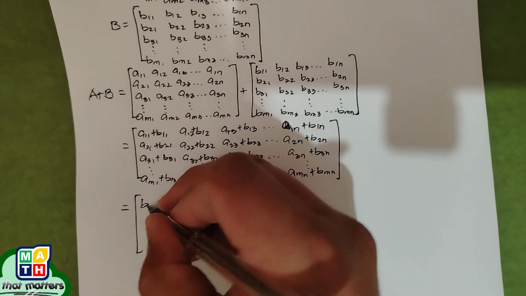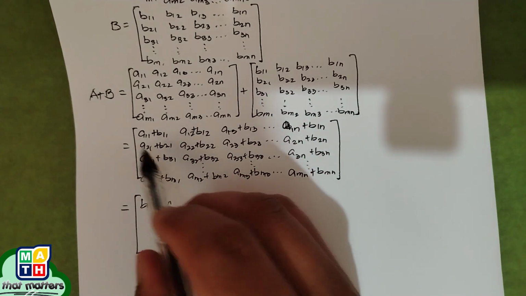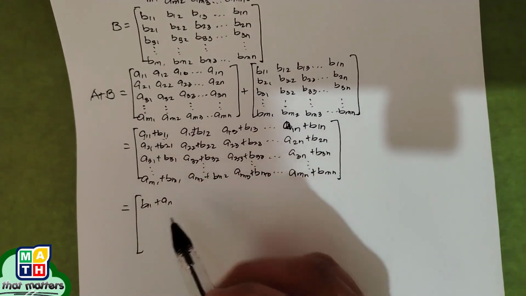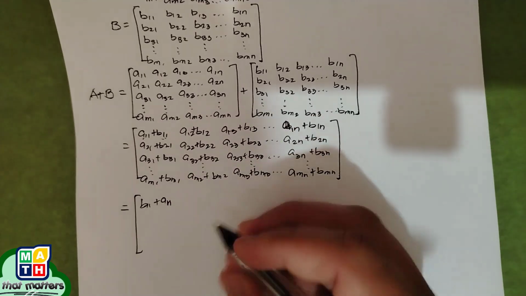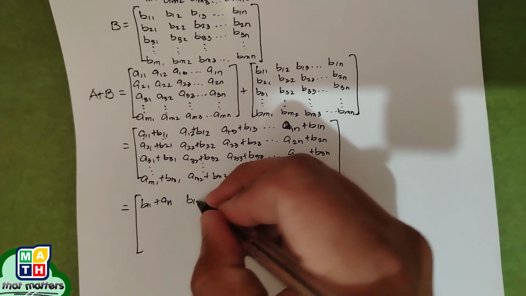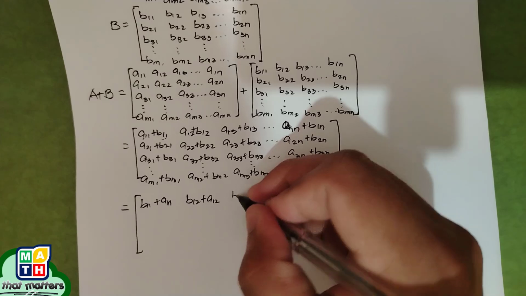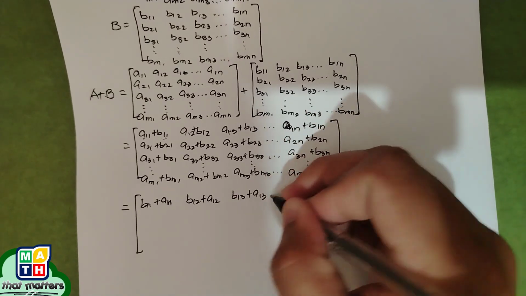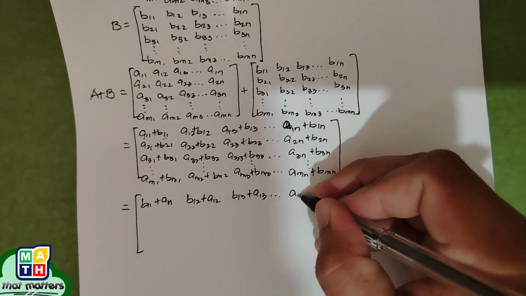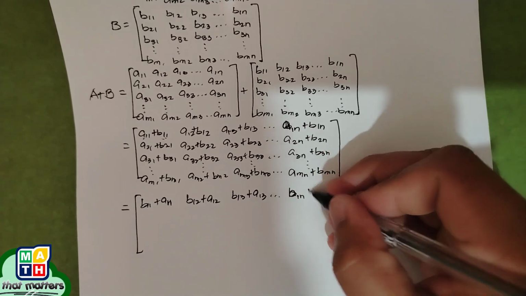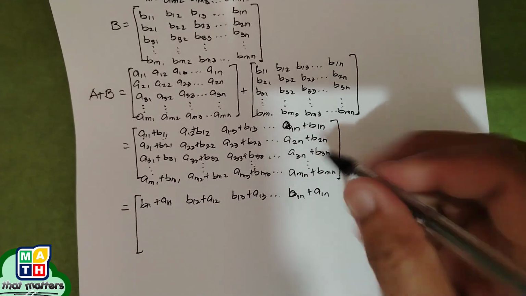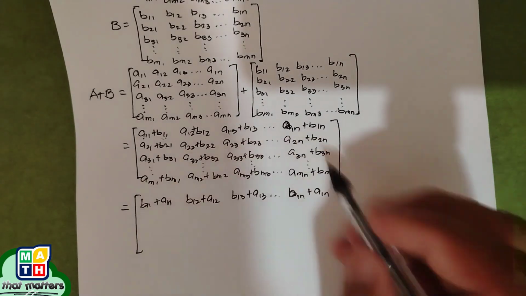So we have B11 plus A11. We are commuting the components here. Same with the rest. You have B12 plus A12, B13 plus A13, B1n plus A1n, because we are now commuting them. Same with the rest.